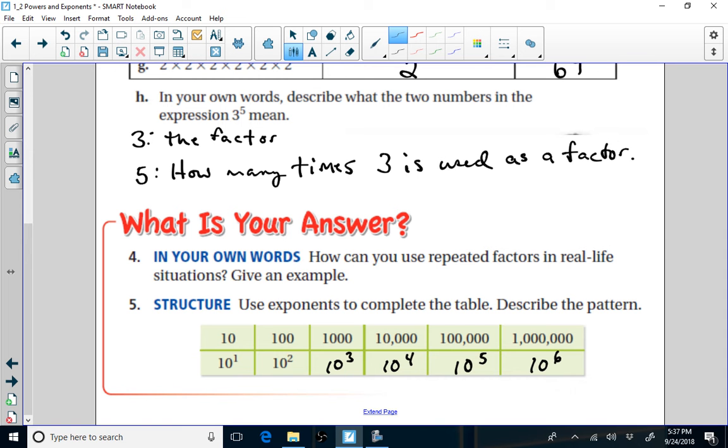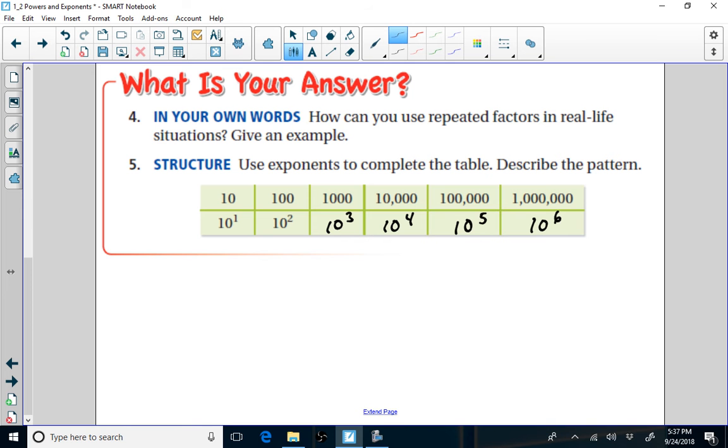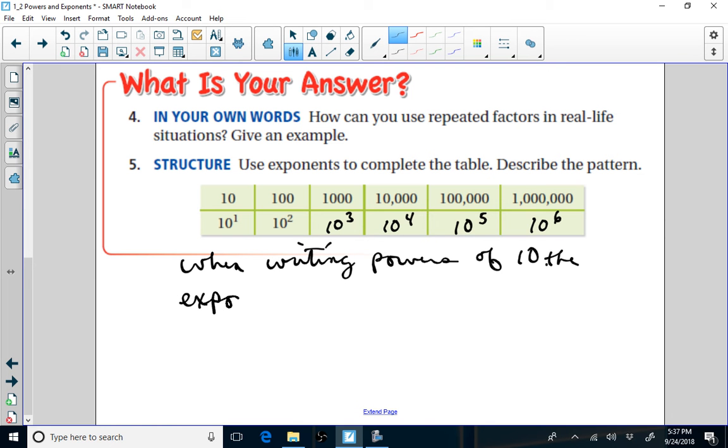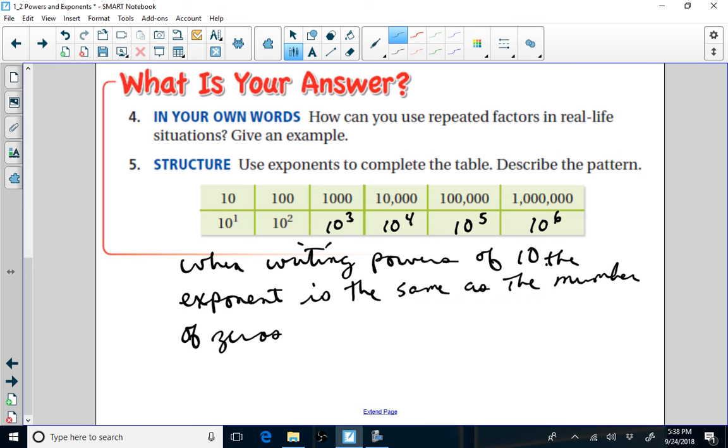If I'm describing the pattern, when writing powers of 10, the exponent is the same as the number of zeros in the value.